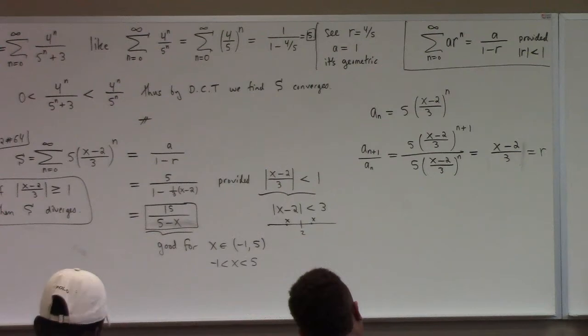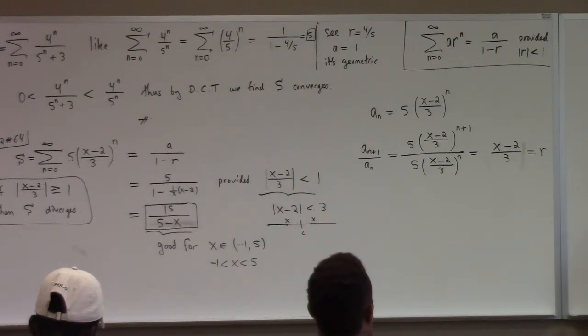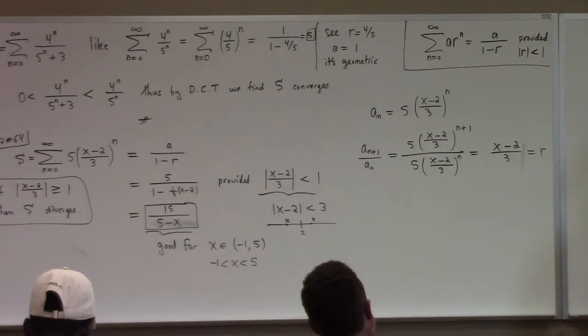Now, if you knew for sure that this was geometric, that's enough. You can already tell from that what it is, because you could think of this as being the A, and this as being RA.